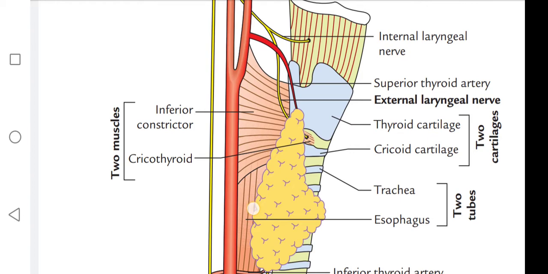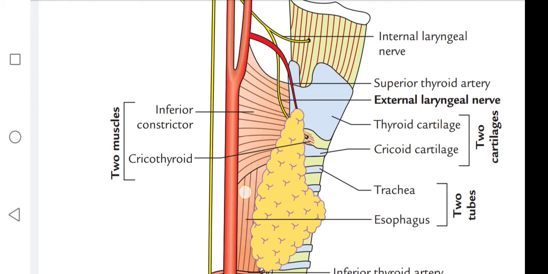Cricothyroid, inferior constrictor. This is the inferior constrictor, and you may observe here a small one, that is cricothyroid. The inferior constrictor lies medially to the apex.